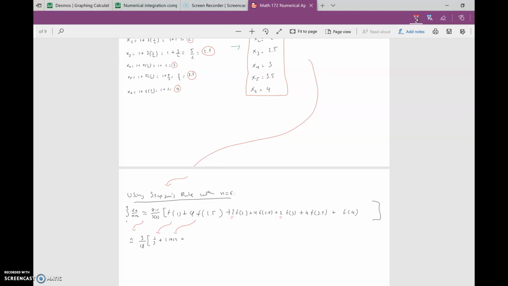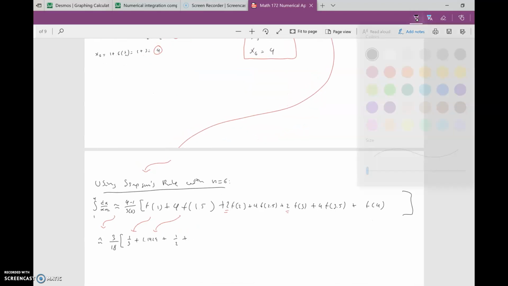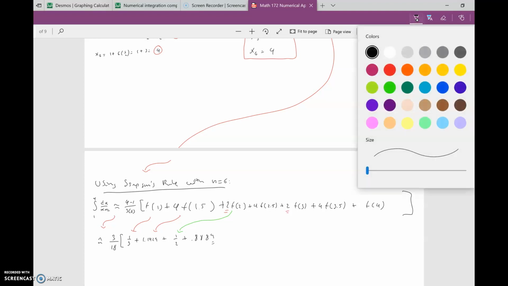So this one is just going to be a half plus 1/2 plus, and that's giving me this one. Then 4 times 2.5. So 4 times 2.5. Okay, so this one gives me plus 0.88. I'm just going to say 89 there.